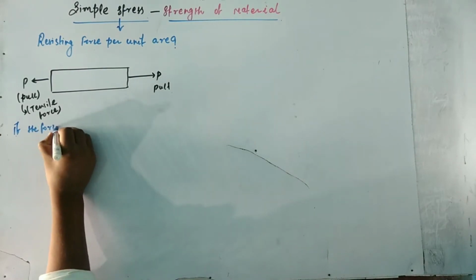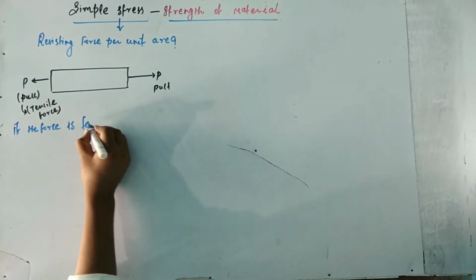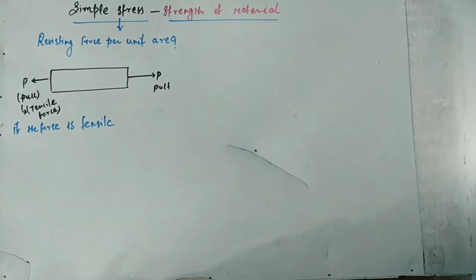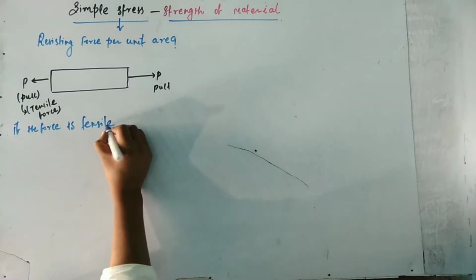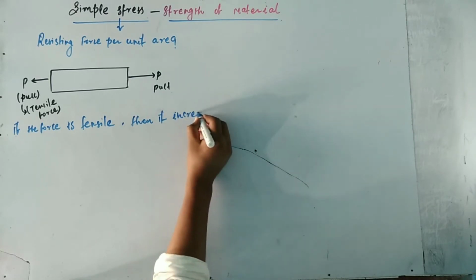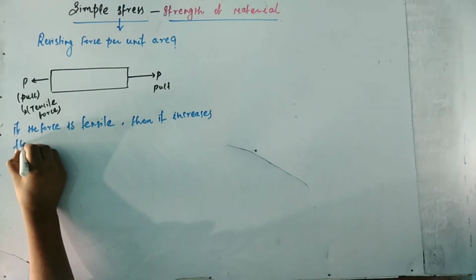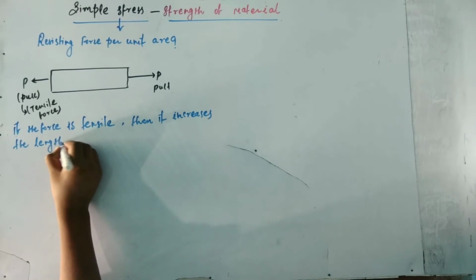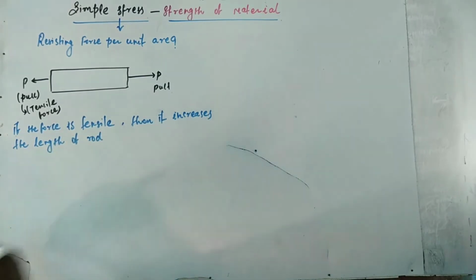So if we apply the tensile force on the rod, then elongation of the material takes place. That is, we can say deformation of the rod takes place.